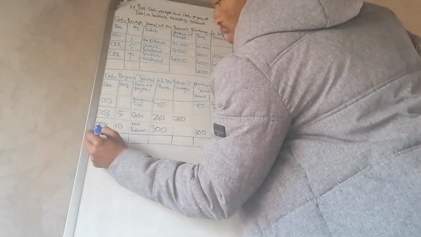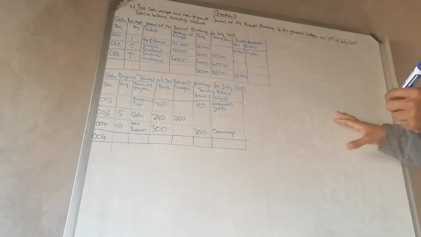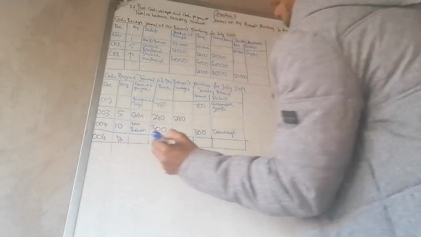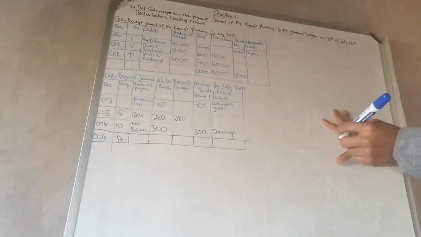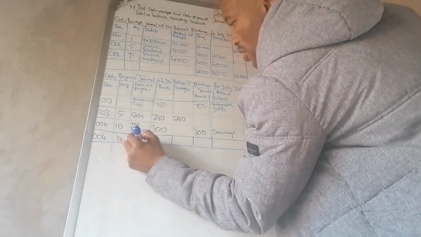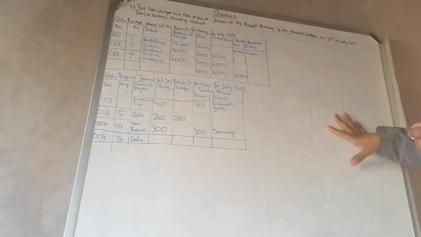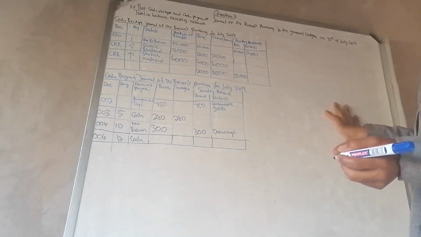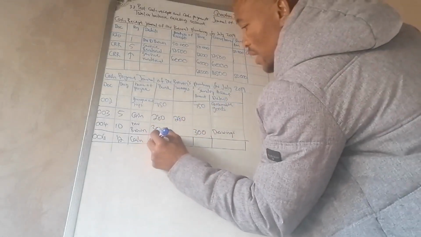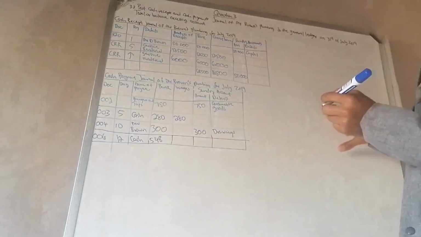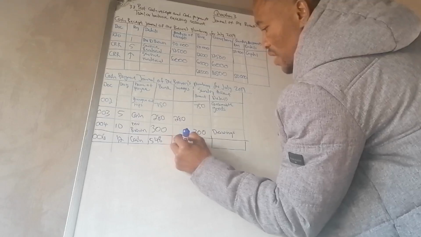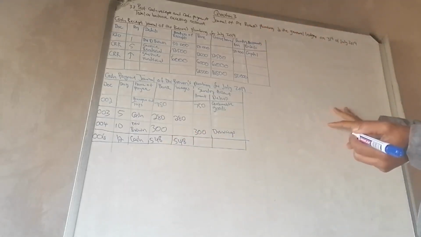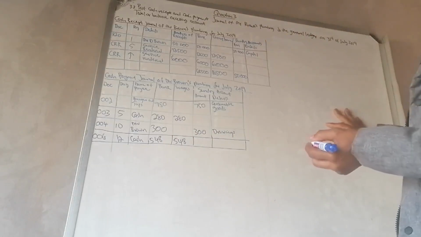Another transaction, 006. This was on the 12th. The person paid just with cash. The name of the payee is cash. Then we have the bank, 548. Wages, 548. Sundry account, we are not recording anything there.